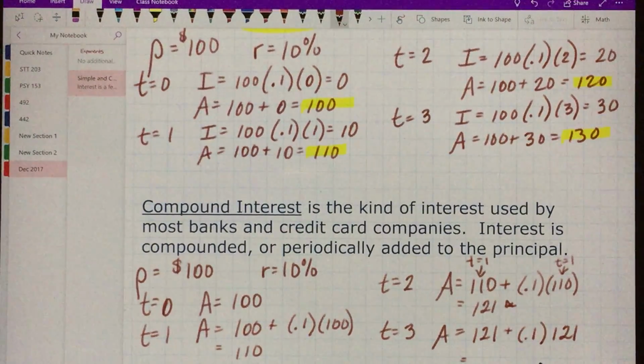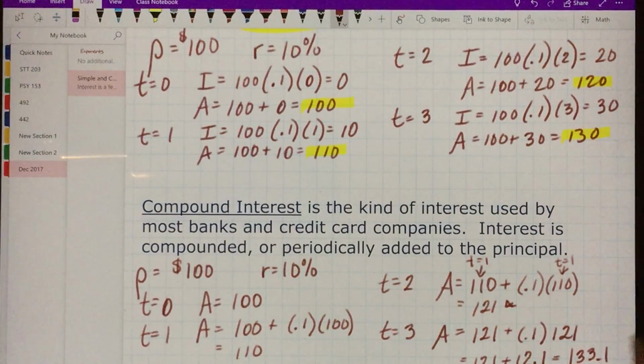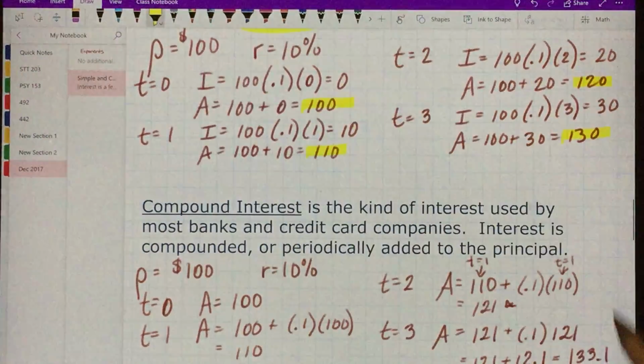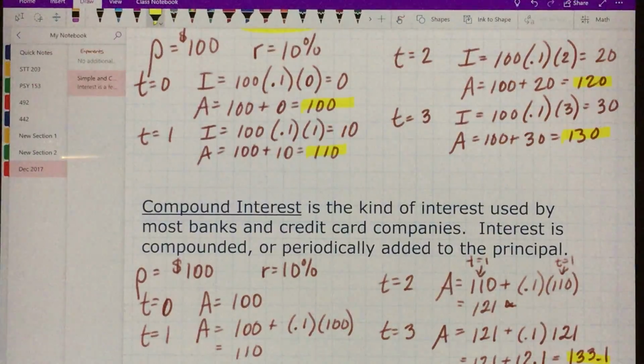And this is equal to 121 plus 12.1, which is going to be equal to 133.1.